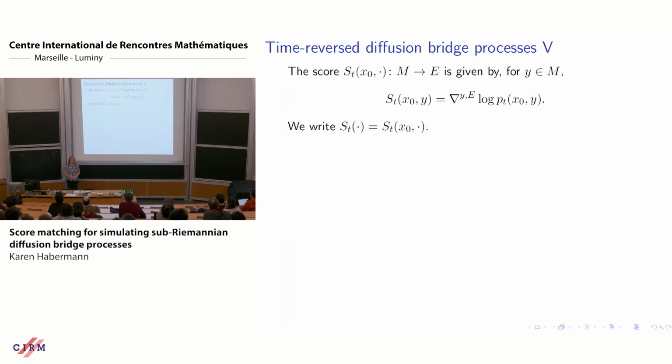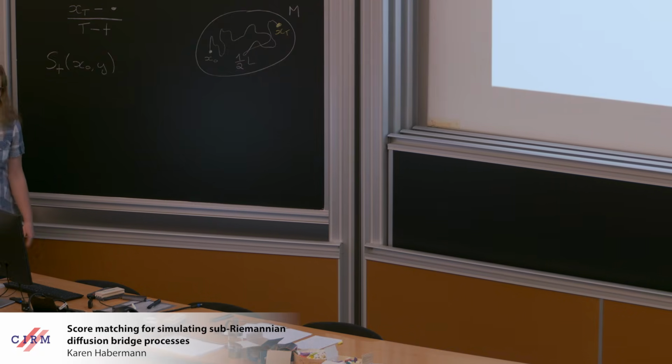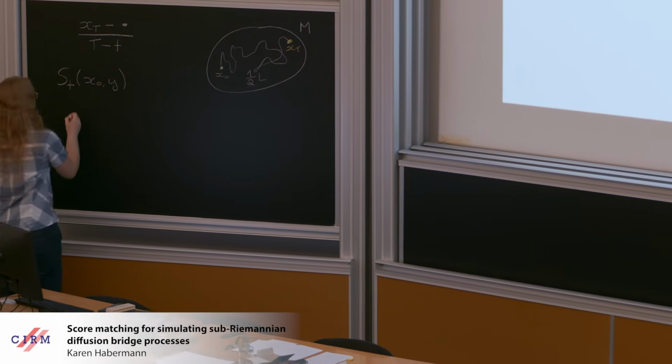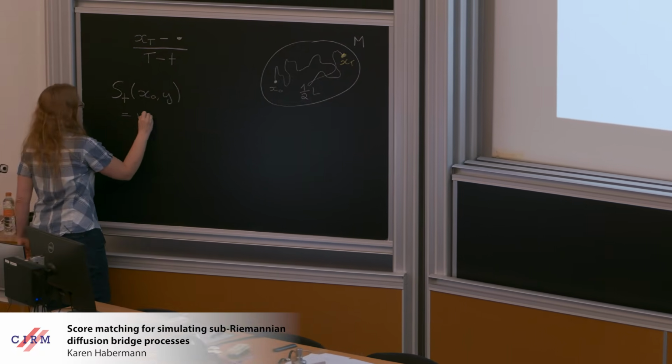And then, rephrased slightly, it's the same theorem. Now in machine learning, there's a notion of a score. And the score is simply, I'll write it down for future reference, exactly this log derivative of the heat kernel.